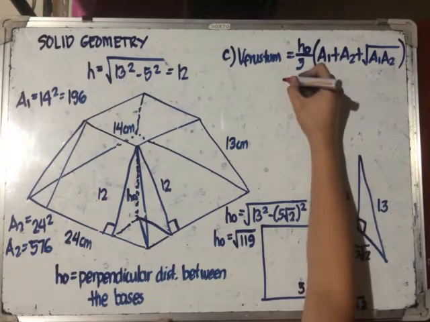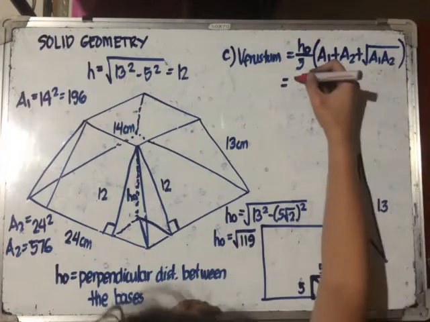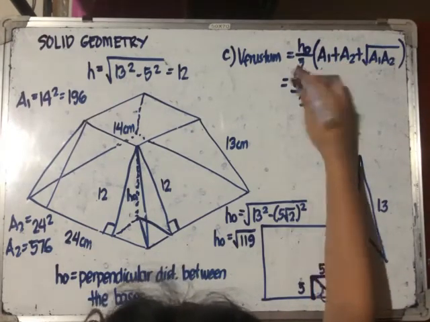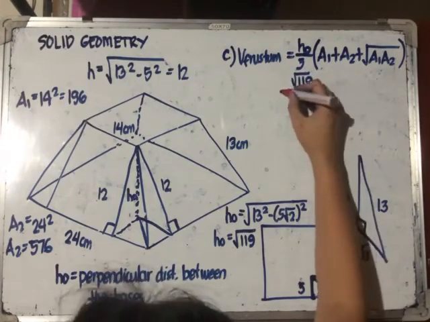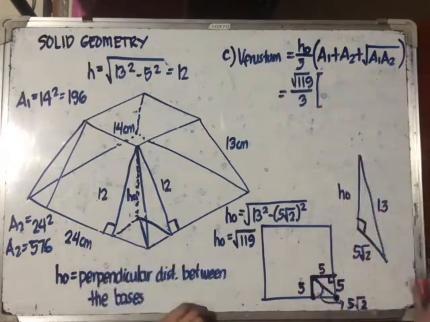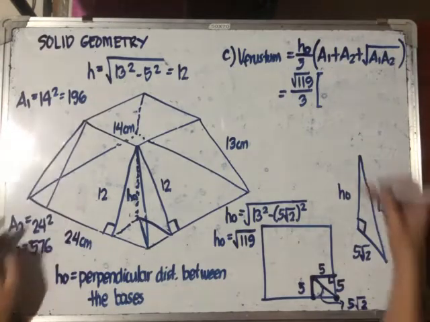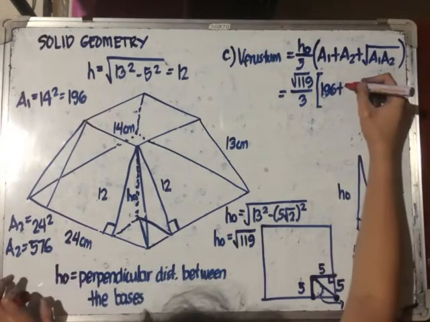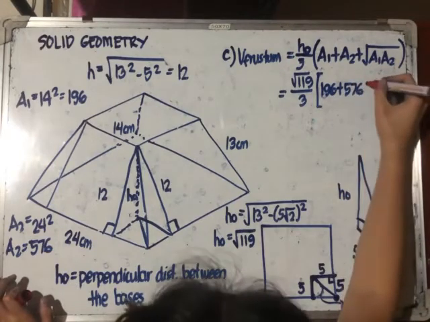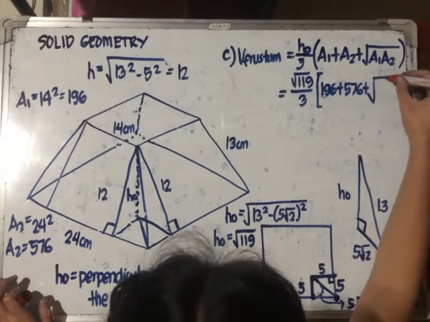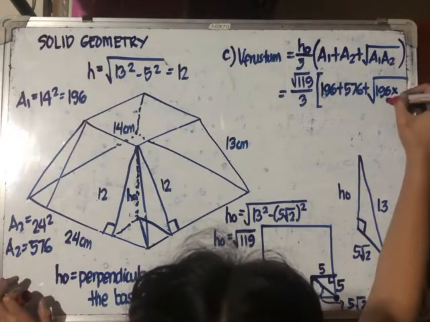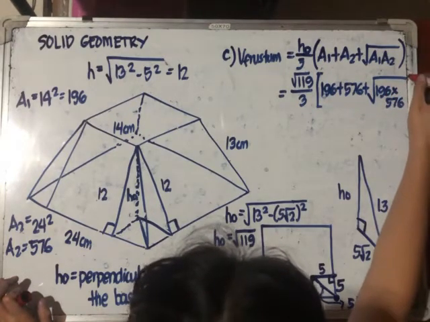Now, computing our volume, this would be square root of 119 divided by 3 times A1 natin. How much is A1? 196 plus 576 plus the square root of 196 times 576.